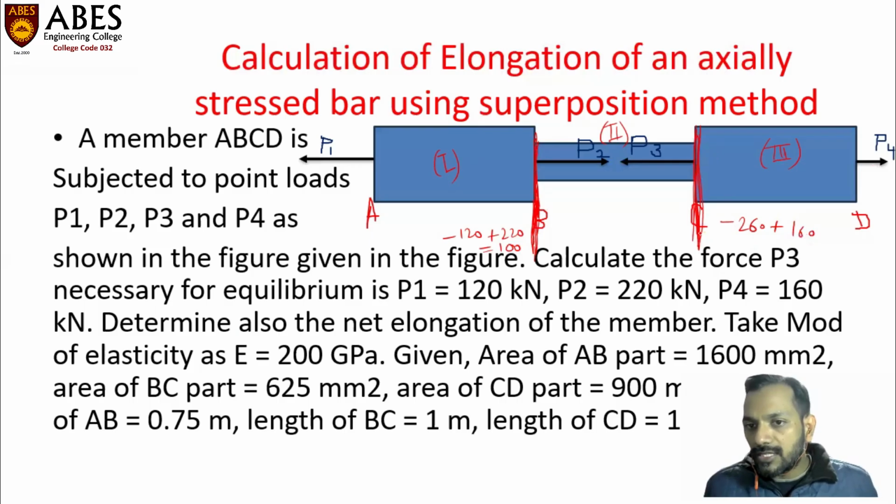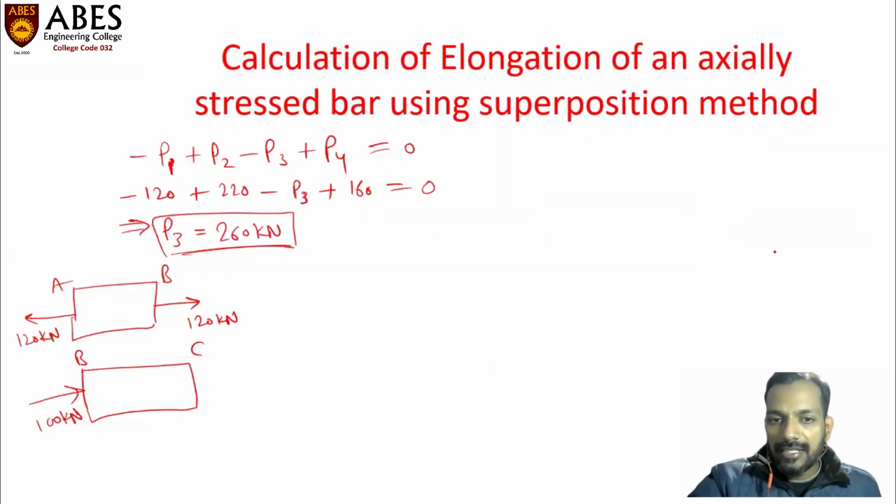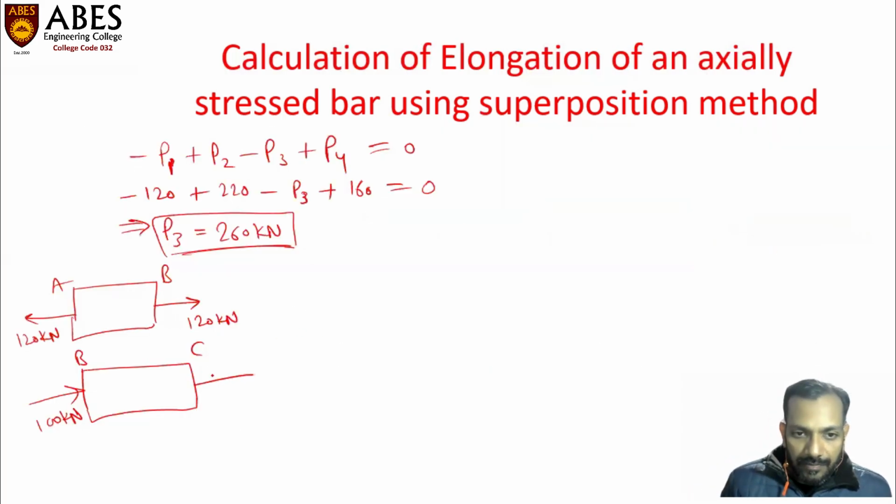So minus 260 acting to the left, P3, plus P4, that is 160. The net sum is minus 100. Minus 100 indicates left hand side direction. So it is 100 kilonewton acting to the left hand side. So in this way, we have drawn the free body diagram of the middle portion of this beam.